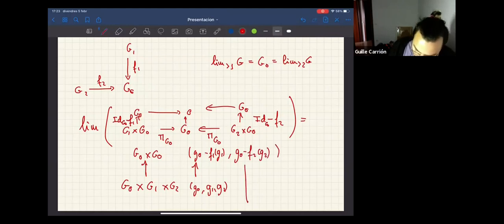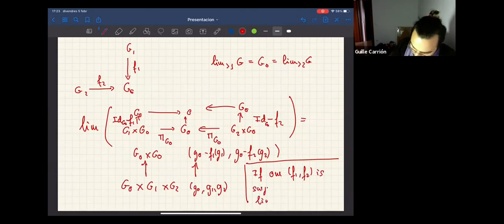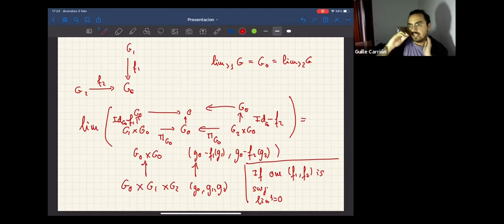So if one of F1 or F2 is surjective, lim^1 is 0, but if the two maps are not surjective, then there's something in lim^1, and this is an easy verification of linear algebra.